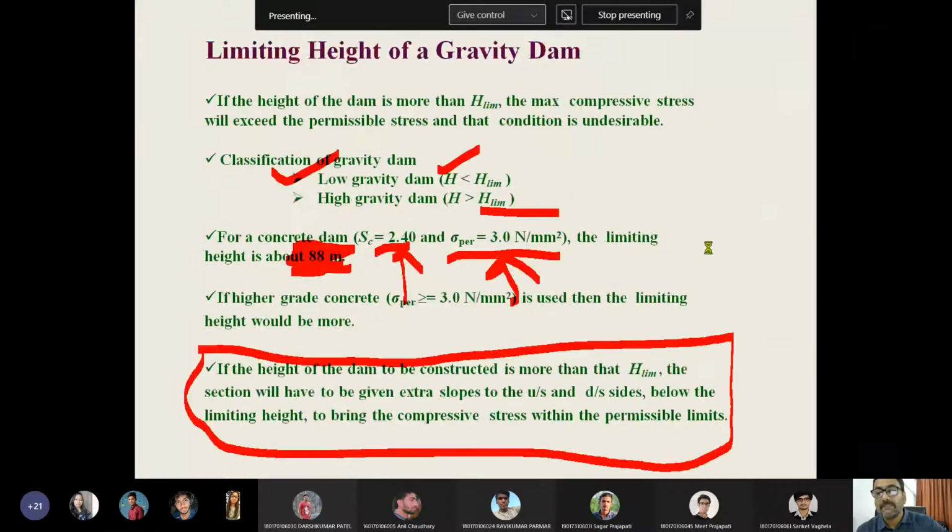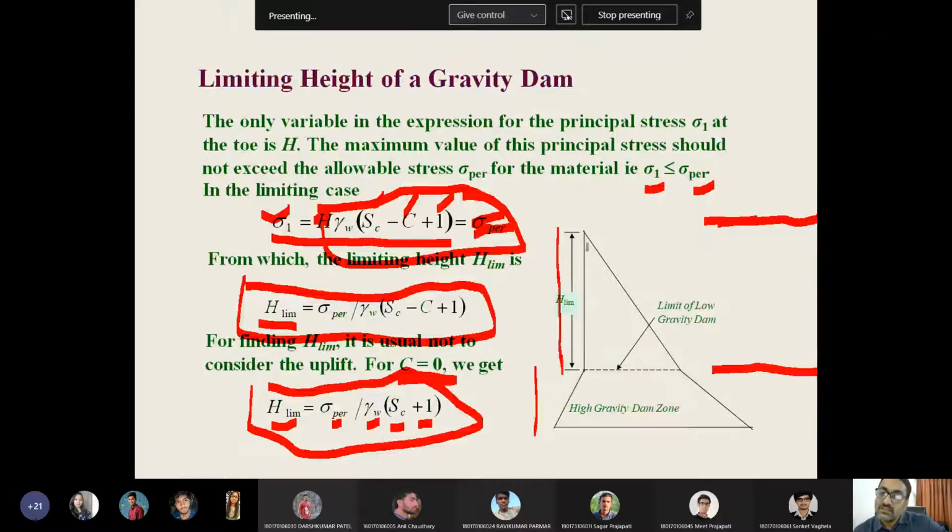Any dam whose height is more than the limiting height, that is a high gravity dam, then the top portion, up to the H limit value, would be designed as a low gravity dam.